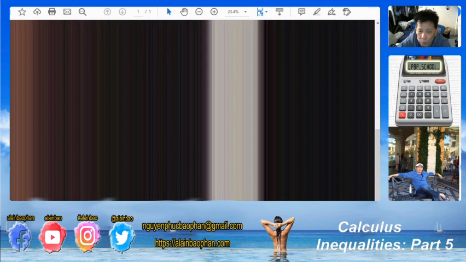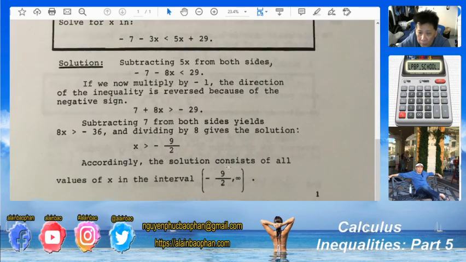The solution will be a small range, an interval. And then next we study the same thing. We find inequality with a different kind of question.